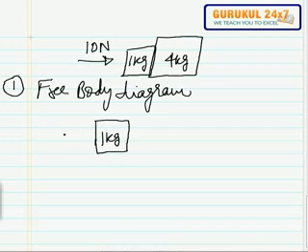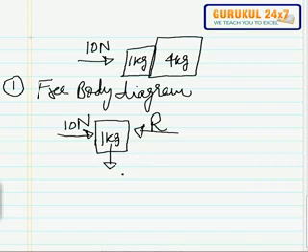For the 1 kilogram mass, you have a 10 newton force. Now the 1 kilogram mass is in contact with the 4 kilogram mass, so therefore you must have a reaction from the 4 kilogram mass, which is towards the left. Let's call that reaction R. There's a weight of this 1 kilogram object, that will be 1 times g.